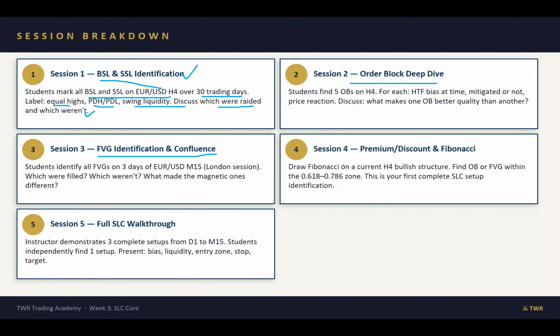On your charts, mark out premium and discount levels using the Fibonacci. Then follow the full smart liquidity concept walkthrough, starting from higher time frame coming downwards to M5. Independently find one setup: the buyers, liquidity, entry zones, stop to target.